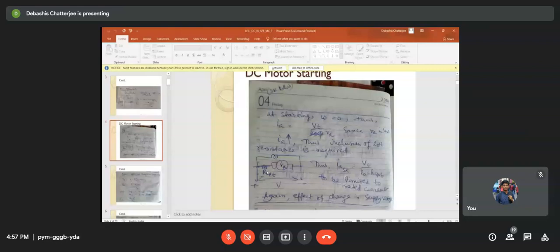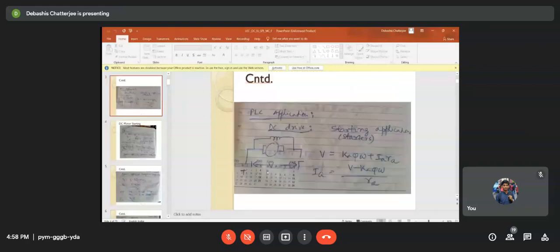Now, if this resistance remains in the circuit, you will see from the previous equation, omega is V minus IA RA by K phi, right? K phi is your rated value. IA is initially high, then it will slowly reduce to a value slightly lower than the rated current.